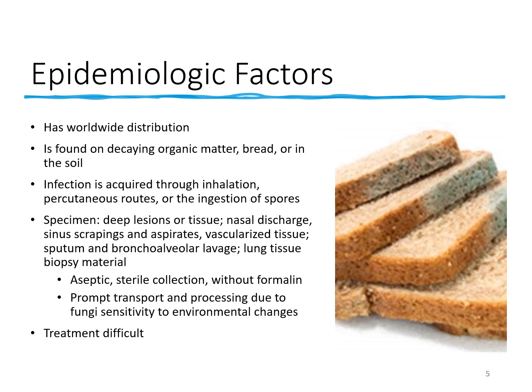Your specimens would be something like deep tissue lesions, the deep tissue or the actual lesion itself, nasal discharge, sinus scrapings, aspirates, vascularized tissue, sputum, bronchial lavage, lung tissue, or biopsy material.